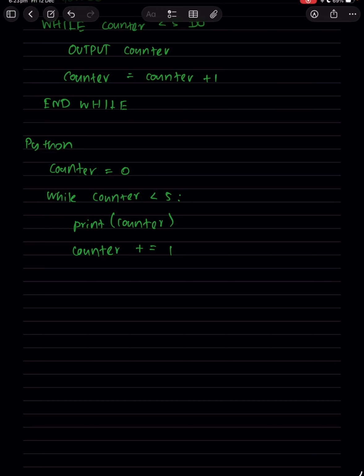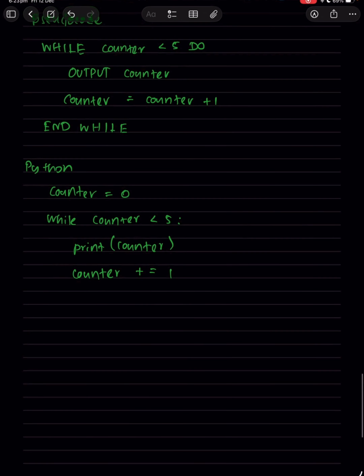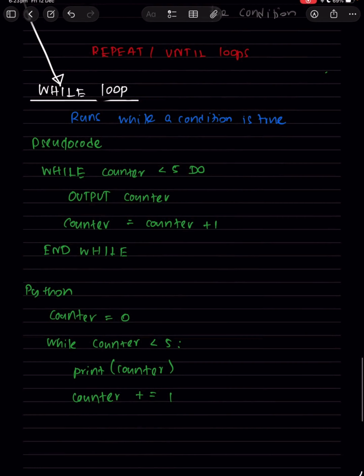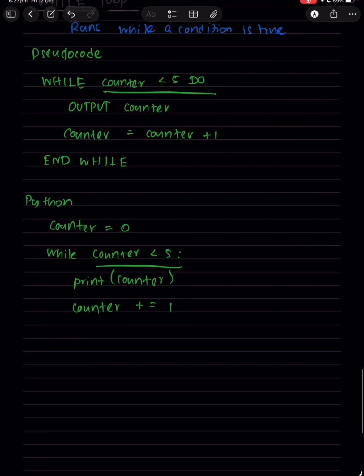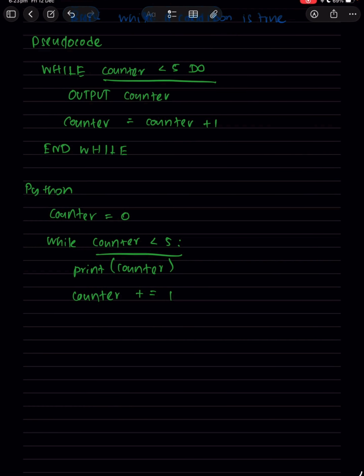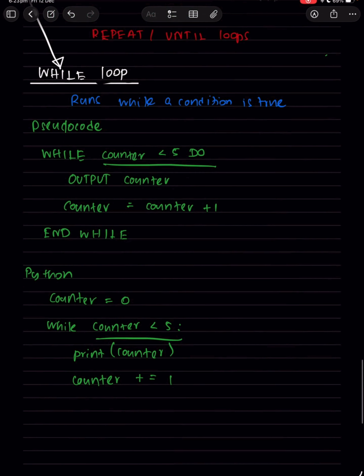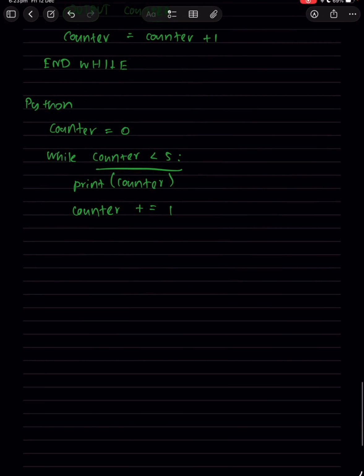So this loop tests the condition first, which is this. And if the condition is false from the start, it may never run. That's why it's the while loop. It runs while the condition is true.